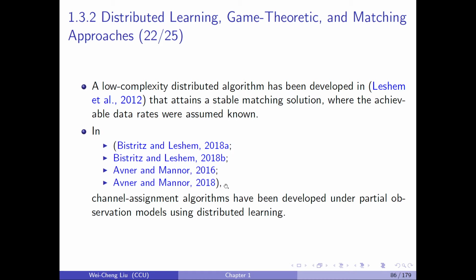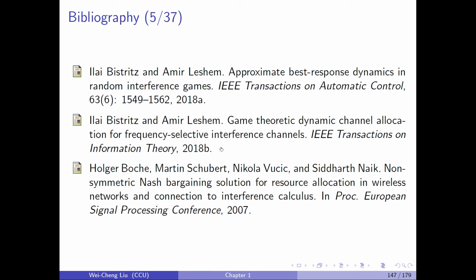Okay, in the following four related works, let us see. The first one is Bistritz and Leshem in 2018A. The title of their paper is Approximate Best Response Dynamics in Random Interference Games, which is published in IEEE Transactions on Automatic Control in 2018A.